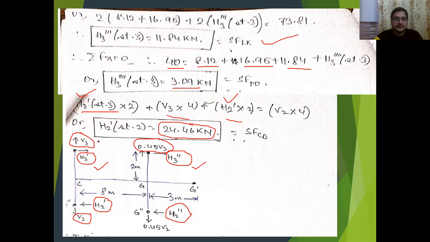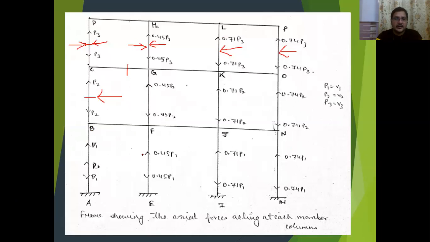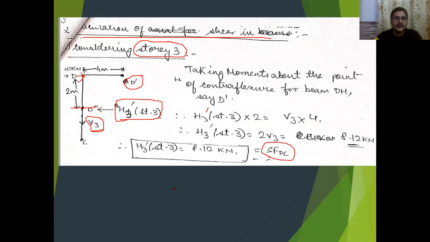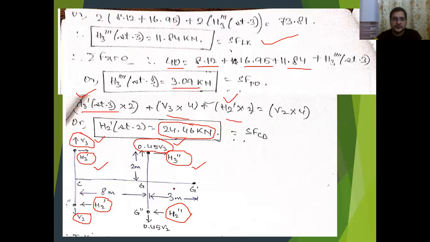And also the vertical forces in the column, the axial forces which were tensile, now they will become compressive. Not because they are compressive by nature, but because if you check this diagram, equal and opposite axial forces are coming. So that is why we are considering all these forces where their symbols are changing.